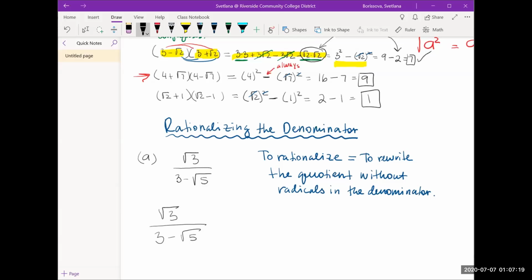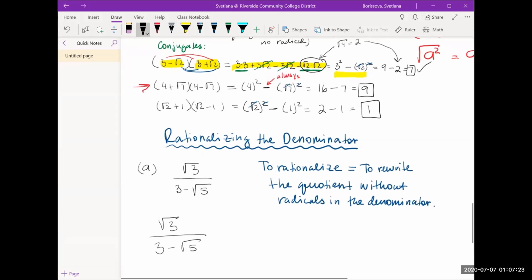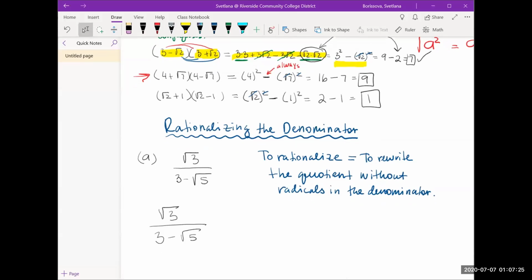What did we just talk about? It's right above. Would you multiply by the conjugate? Is that what it's called? Yeah, that's right. When we multiply conjugates, radicals disappear, right? We just get an integer as a result.